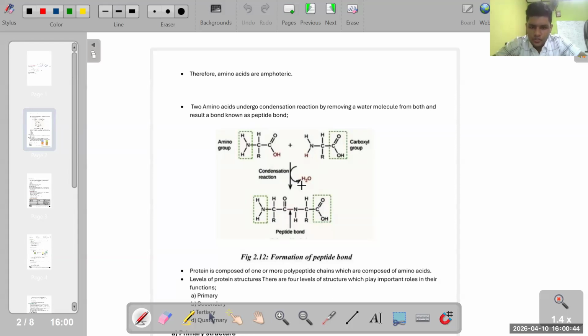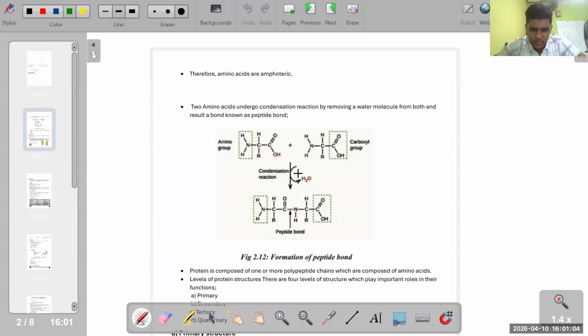Two hydrogen, right? So here see, one hydrogen from the amino group of one amino acid and one hydrogen from the carboxyl group of another amino acid. Can you see? It is not removed from the same group. It is removed from the amino group of one amino acid and the carboxyl group of the other.